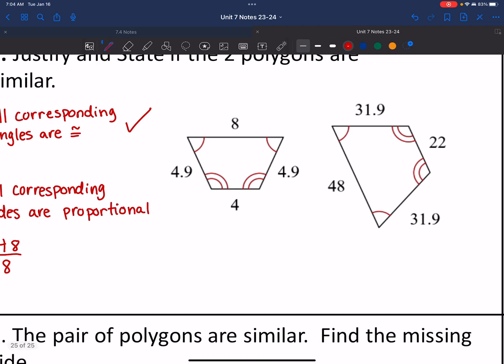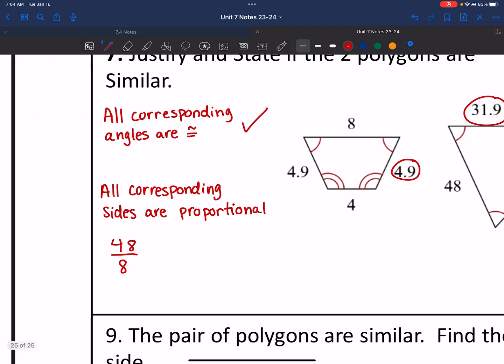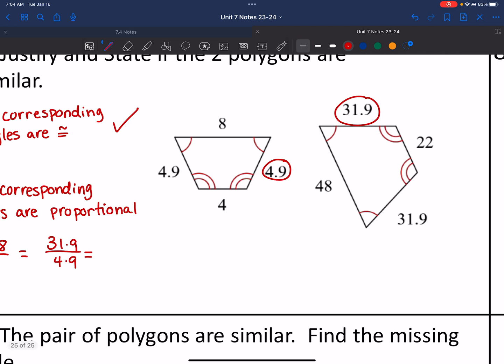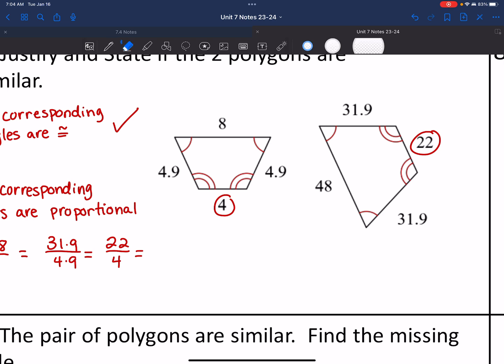So now I'm going to do 31.9 over 4.9. And then I'm going to do 22 over 4. And then the last one, again, we have 31.9 over 4.9.